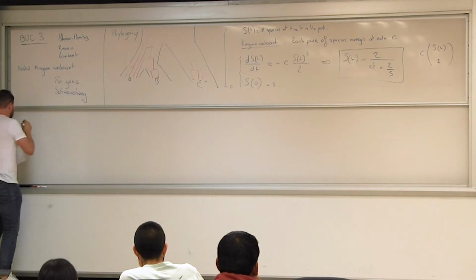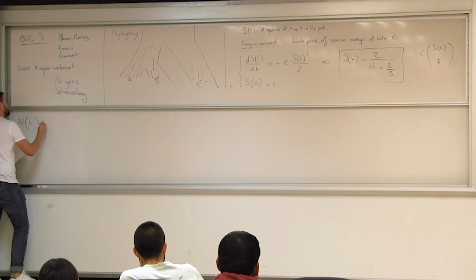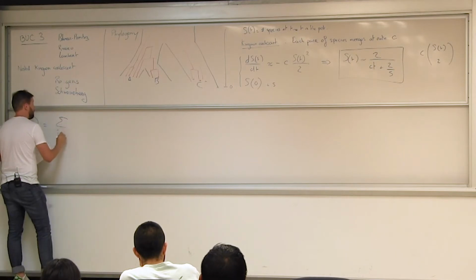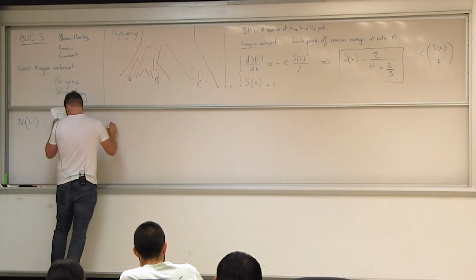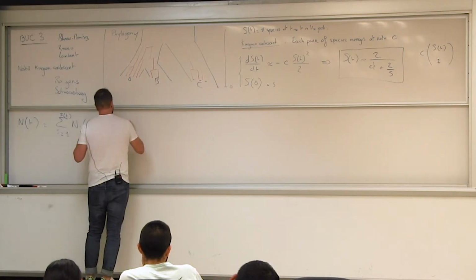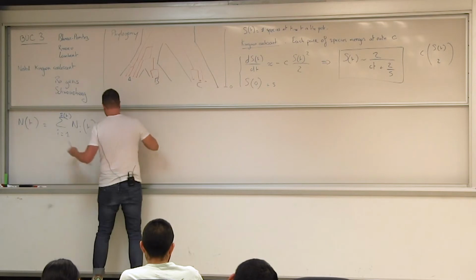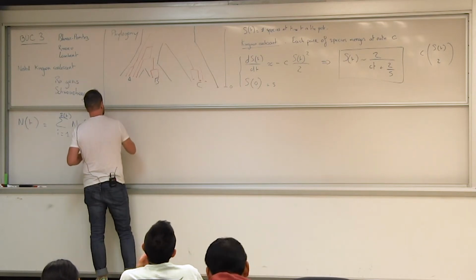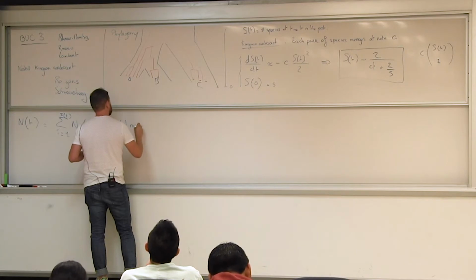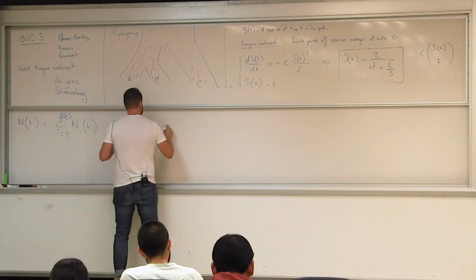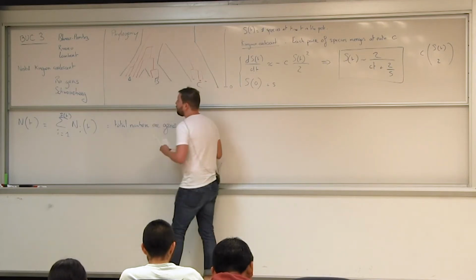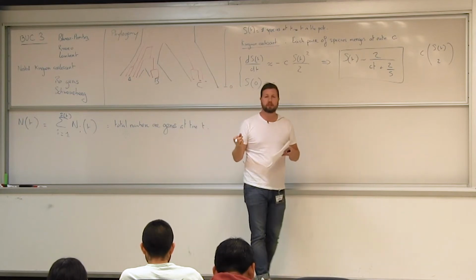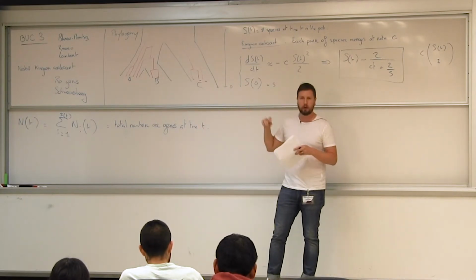I will call N of t the sum from 1 to S of t of N_i of t. This will be the total number of lineages, or genes, as I will call them, at time t. Of course, N_i of t will be the number of genes inside species i.